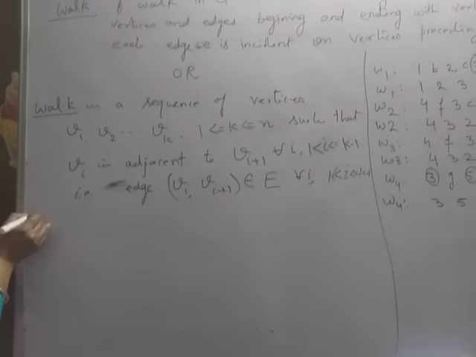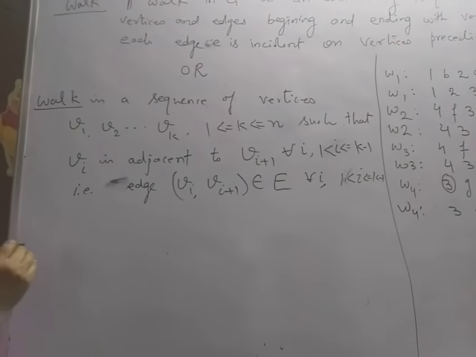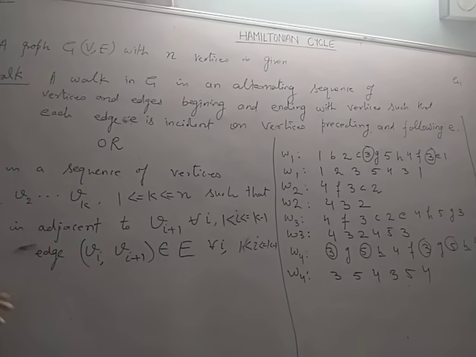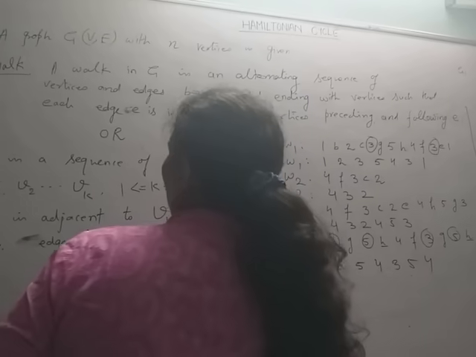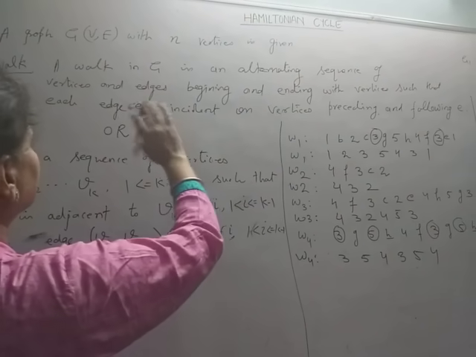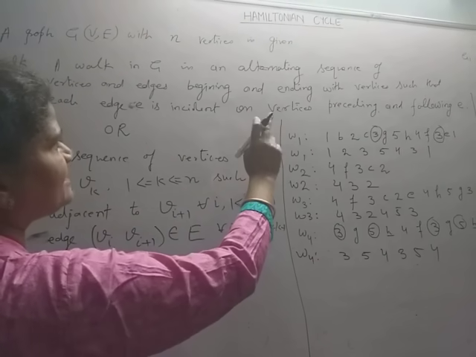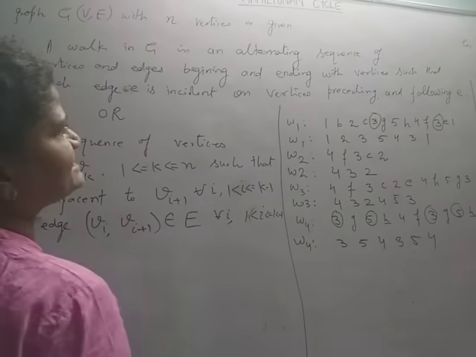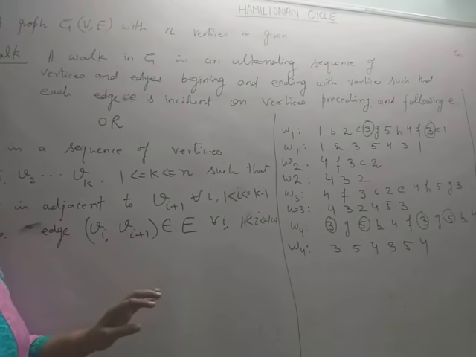The next definition is closed walk. Here I am changing in the same way, so you note down the closed walk. A walk in G is an alternating sequence of vertices and edges beginning and ending with vertices, such that each edge is incident on the vertices preceding and following it.